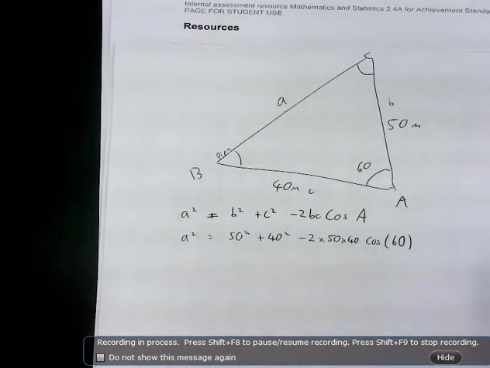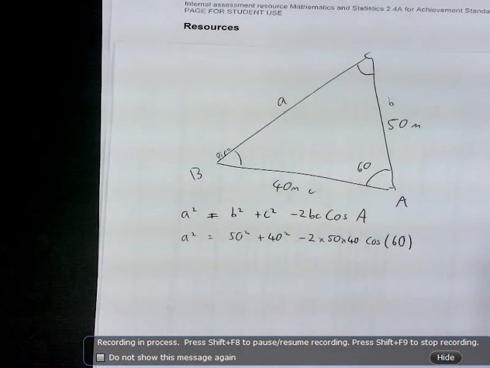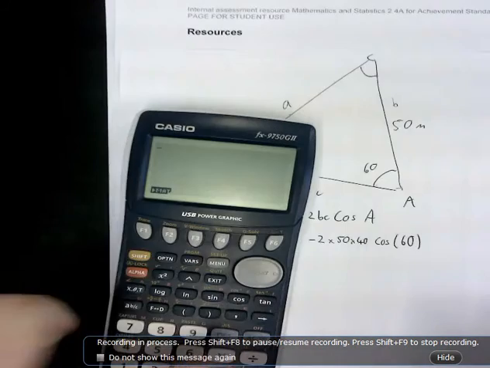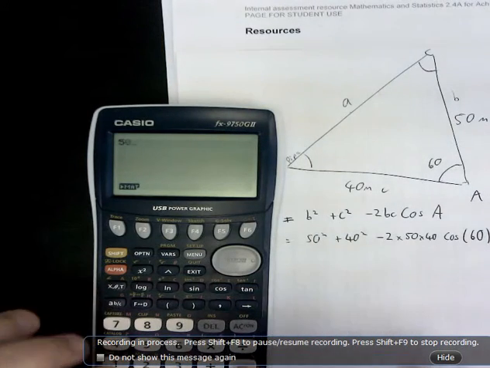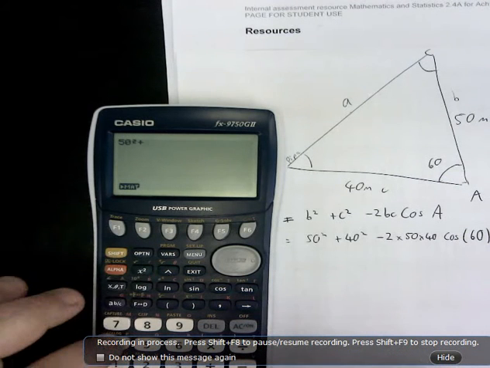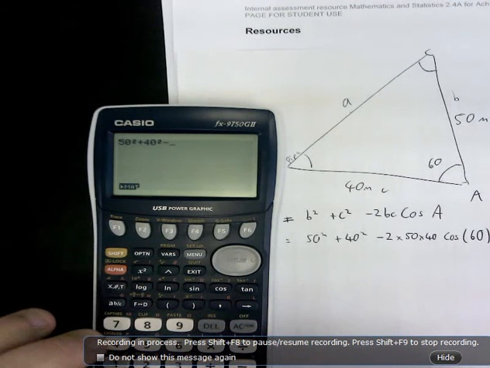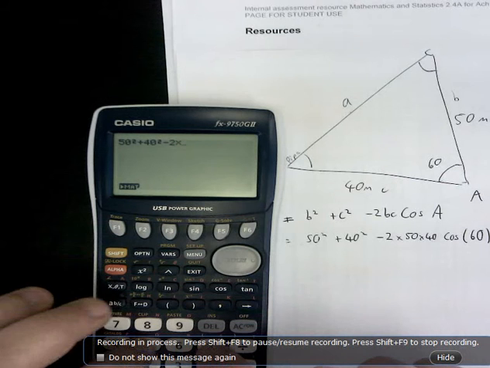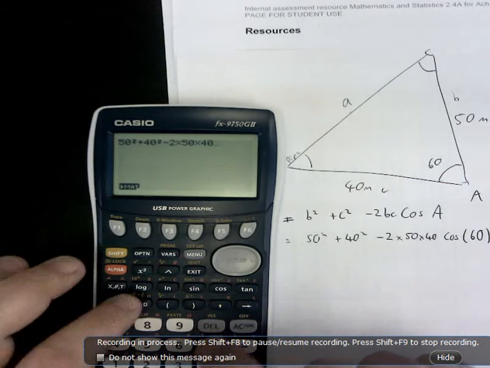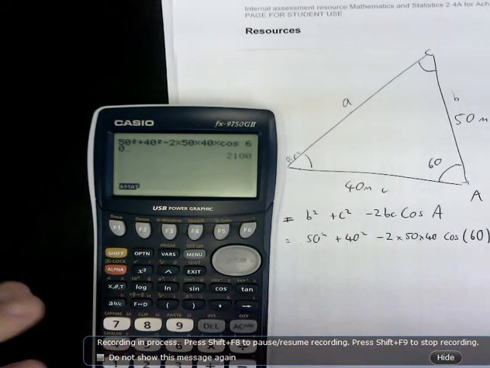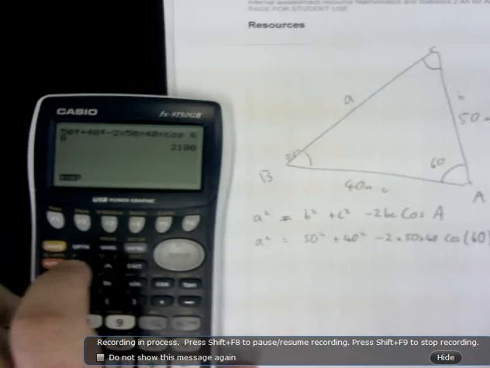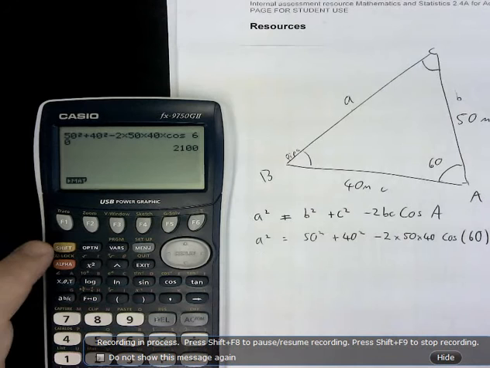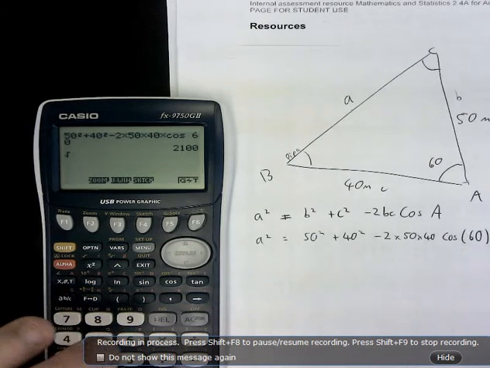When I've calculated that, I can type it into my calculator. It'll give me 2100. That's not a, don't forget, that's a squared. So we want to take the answer and take the square root of the answer.